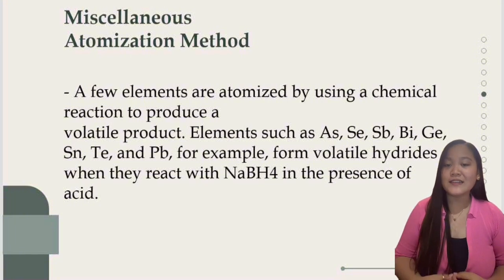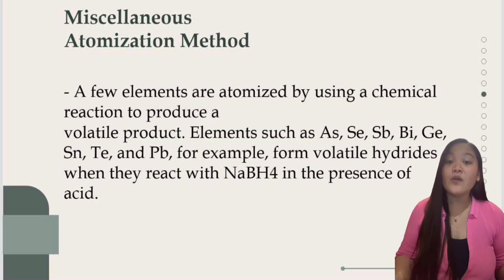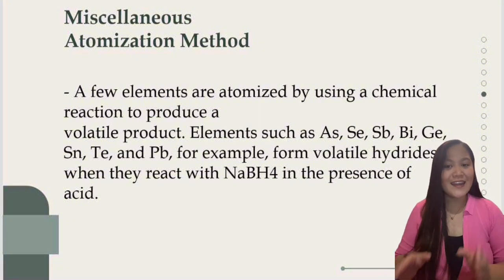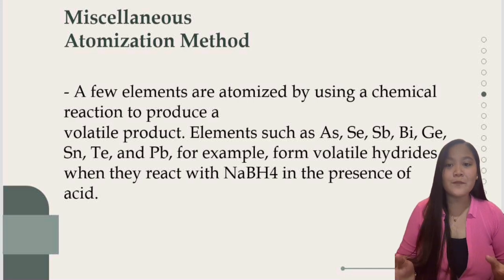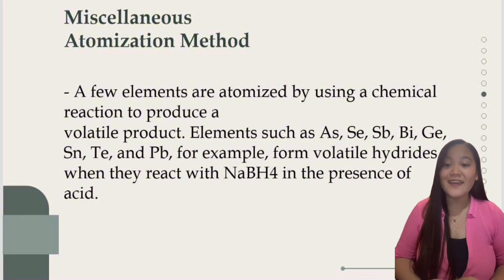So think of it like this. The element is like an introvert who prefers to be alone. Hydrogen is a friendly gas, always willing to bond with others. So the NaBH4 is the party planner, introducing the element and hydrogen so they can form a temporary hydride bond.